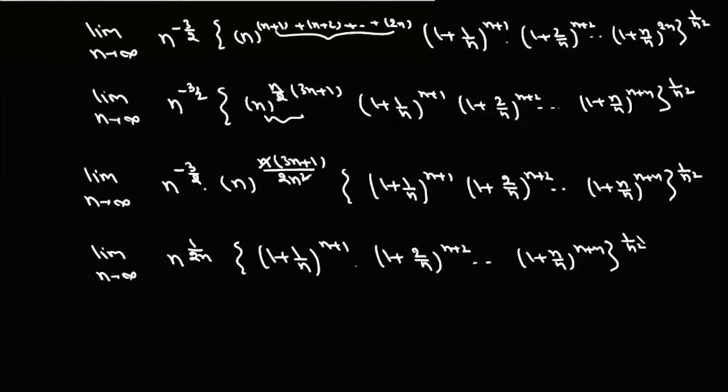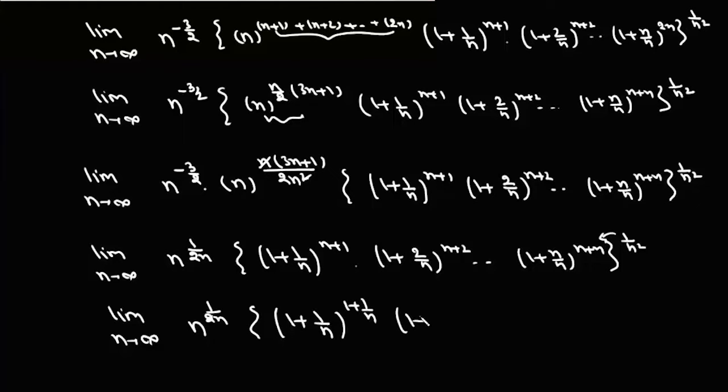Now in the limit of a sum we have 1 upon n and not 1 upon n square. So we'll split it into two parts, 1 by n and 1 by n, and take one of the 1 by n inside this bracket. So we can write this as the limit n tends to infinity, n to the power 1 by 2n, and then it will be 1 plus 1 by n to the power 1 plus 1 by n, 1 plus 2 by n to the power 1 plus 2 by n, and it goes up to 1 plus n by n to the power 1 plus n by n, whole to the power 1 by n.